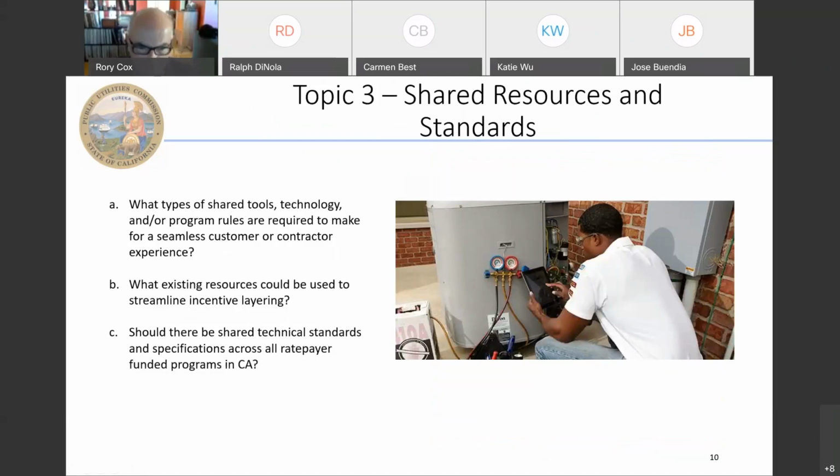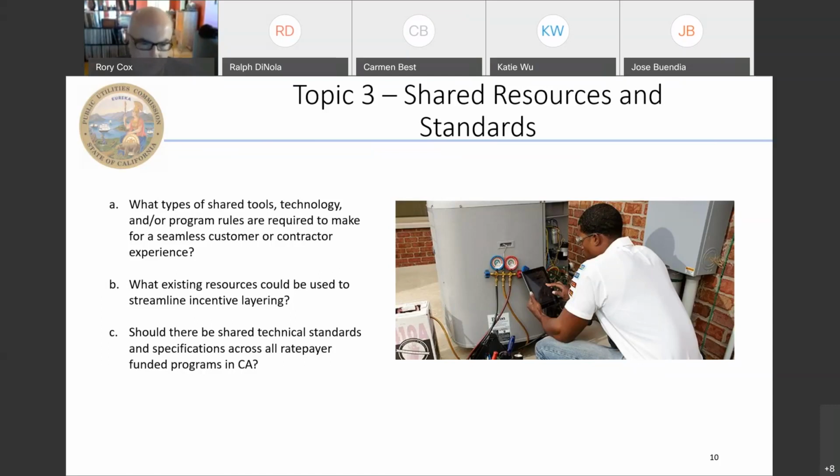And standards. What you're going to hear a few times today from the presentations is that we're really concerned about this gentleman in the slide, the contractors. A good percentage of these appliances will be installed by contractors, and they're the ones who are going to need to deal with this landscape of incentives.